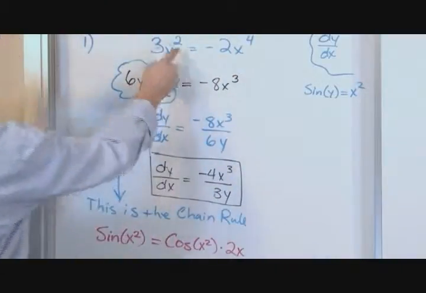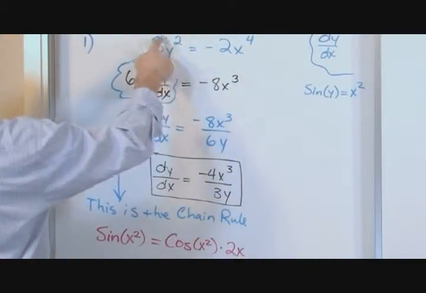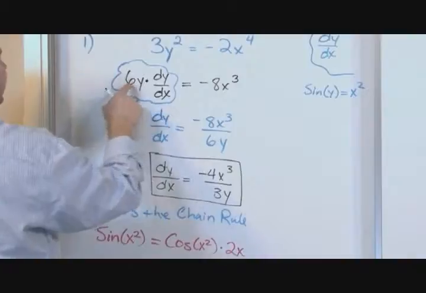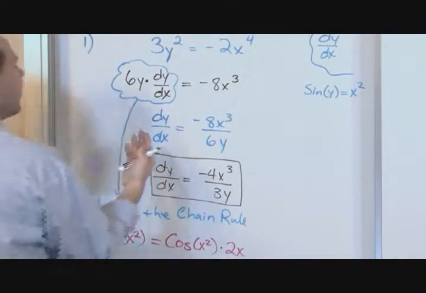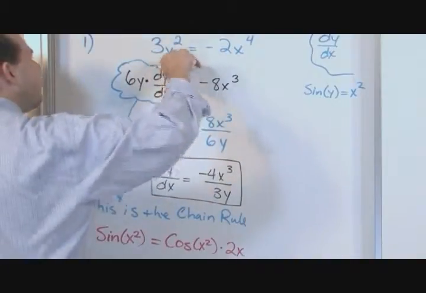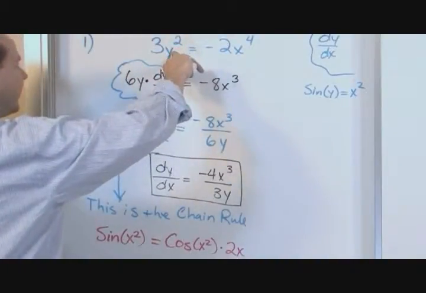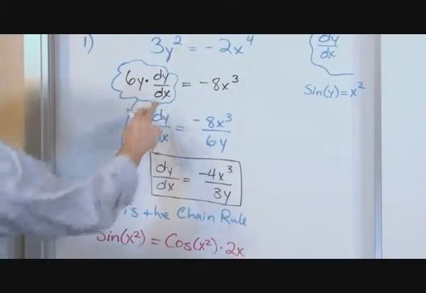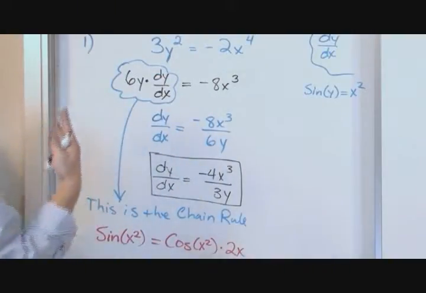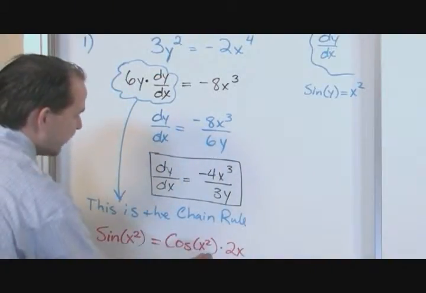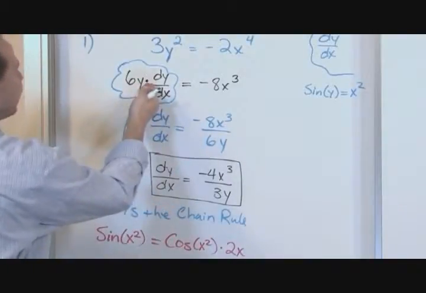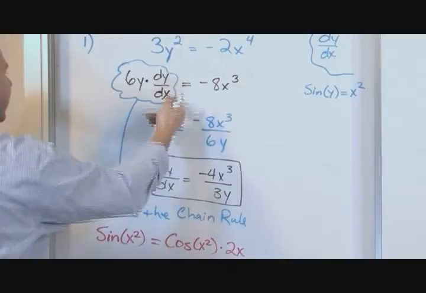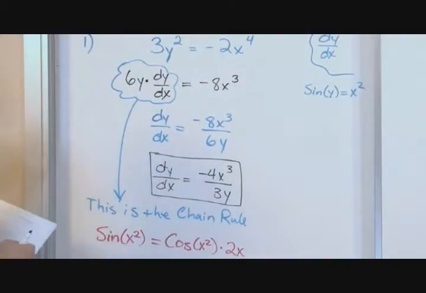So once we do the outer function, the 3y squared giving us 6y as our derivative, in order to make it complete, we have to multiply by how the inner function, which is this y, which we have no idea what it is, depends on x. Here, the derivative of y is simply dy/dx, so we multiply by dy/dx.